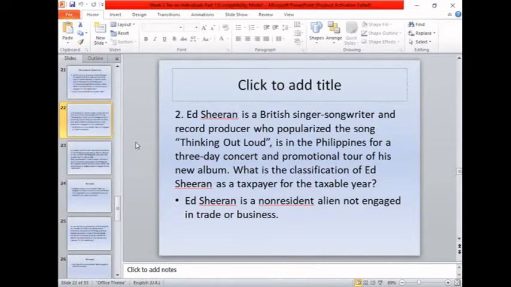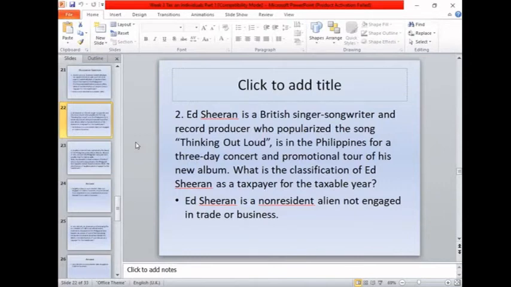He stays here in the Philippines for 3 days for the concert and to promote the album. So how can you classify Ed Sheeran as a taxpayer during the taxable year? You can classify Ed Sheeran as a non-resident alien not engaged in trade or business.